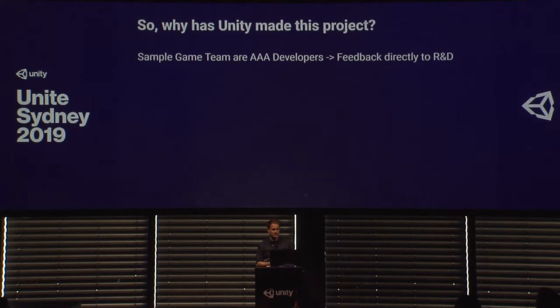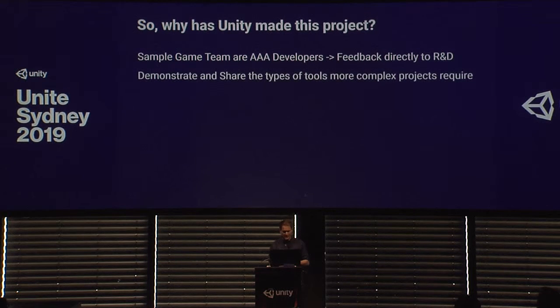They all worked on the Hitman series. And they're bringing all this knowledge of making these bigger open world games to Unity. And because they're based in Copenhagen, they give a lot of feedback directly to R&D, which is incredibly valuable having a much more complex project such as this. And they wanted to demonstrate and share, which is the important part, the types of tools more complex projects require.